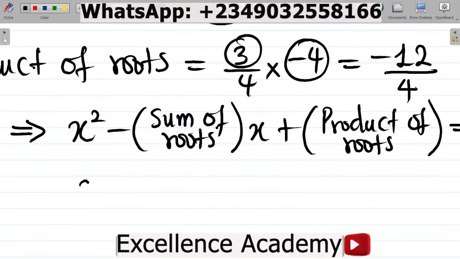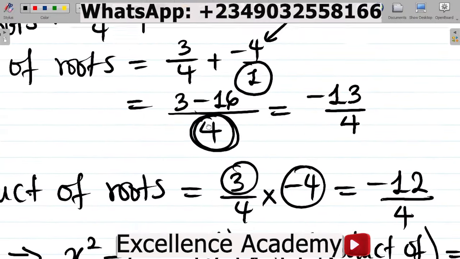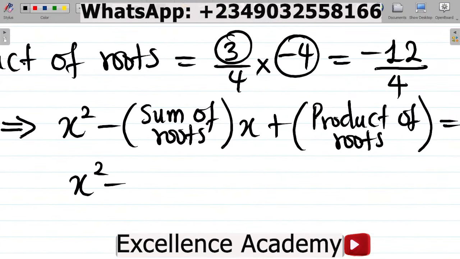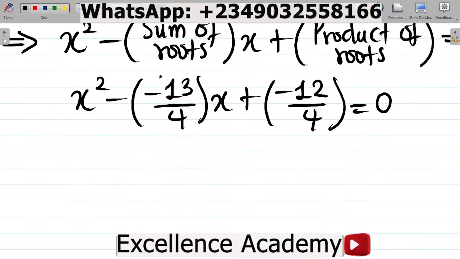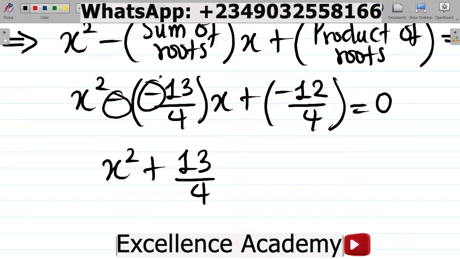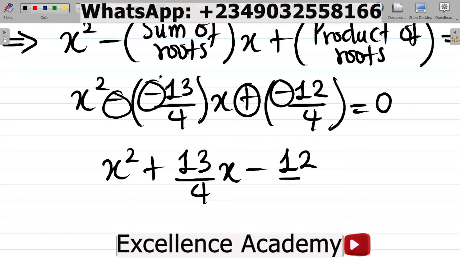Now this gives you x squared minus the sum of roots, whose value is minus 13 over 4, so minus minus 13 over 4 x, plus the product of roots, which is minus 12 over 4, equal to 0. Working on this, x squared, minus minus is plus, so plus 13 over 4 x, plus minus is minus 12 over 4.